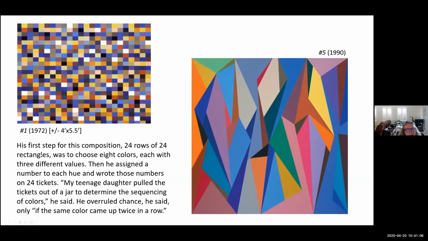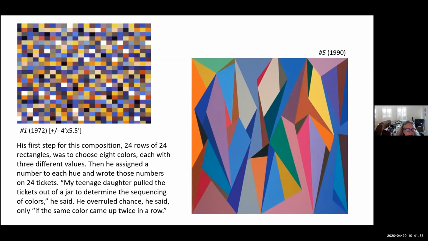So here's more of his now. And this is what I was talking about, the work that is the random squares. So he tells us here how he composed this. He has 24 rows of 24 rectangles. And he started with 8 colors and 3 different values of each of the 8 colors. And each of these had a number, 1 through 24.